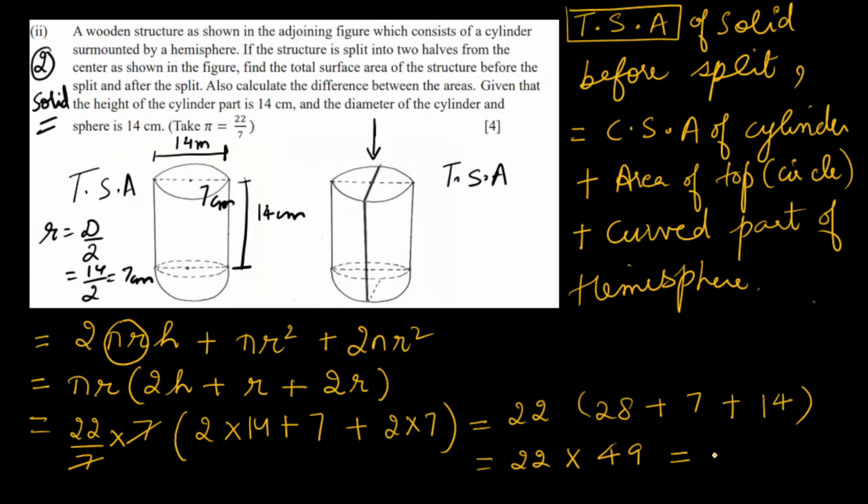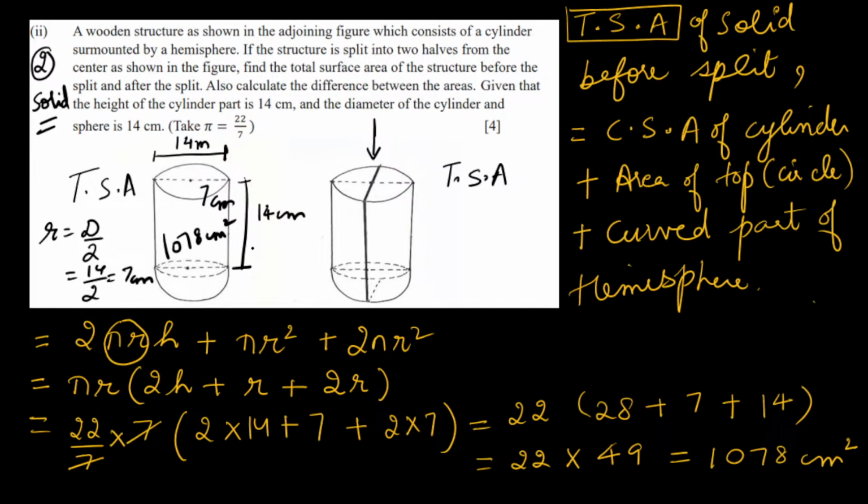It is 1078 centimeter square. Okay. So 1078 centimeter square. So we found the total surface area before split. It's 1078 centimeter square. So this one we found.